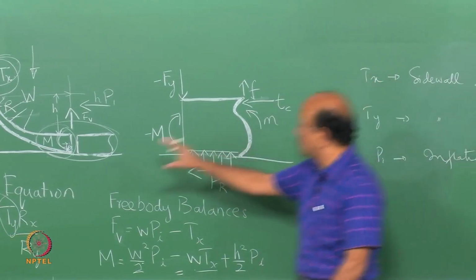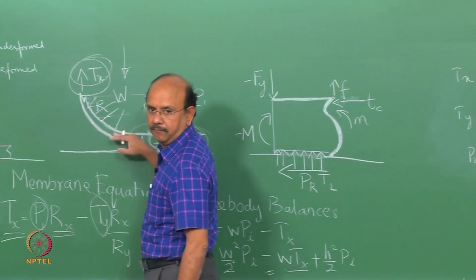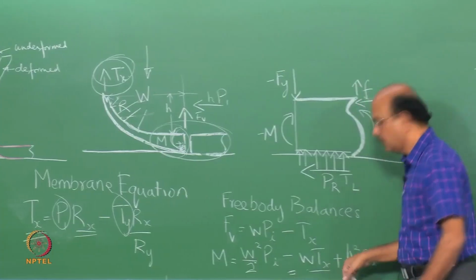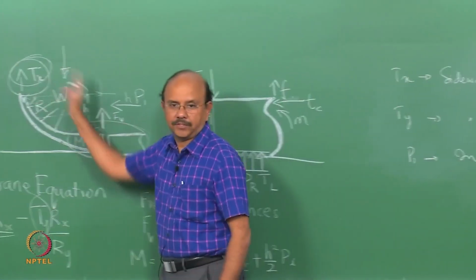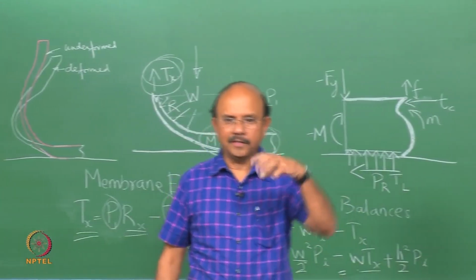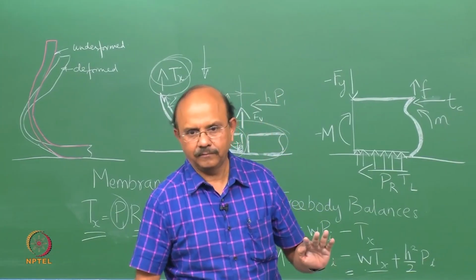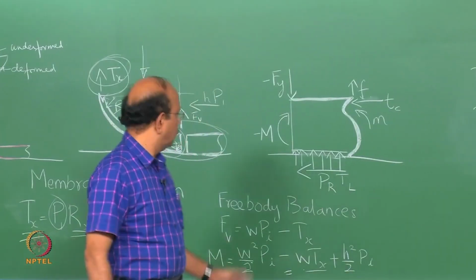It's as if there is a distributed load like that here, and this is the result of the bending moment due to the distributed load, and that acts in the opposite direction. Ultimately, you have a bending at the edge, period. So that is balanced by the distribution of forces.